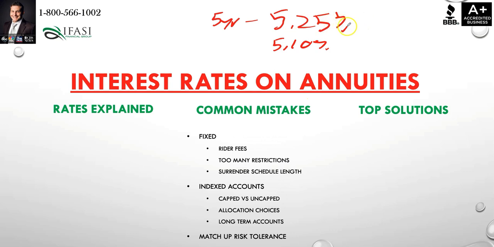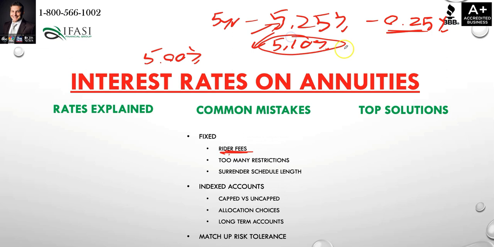The 5.25%, they might have a hidden rider fee in there to say, if you want to pull out any money or you want to leave your account balance as a death benefit, we're going to charge you 25 basis points, 0.25%. So an individual that sees the nice shiny object of a 5.25% rate of return, but didn't realize there's also a fee of 0.25, when all said and done, their net is only 5%.